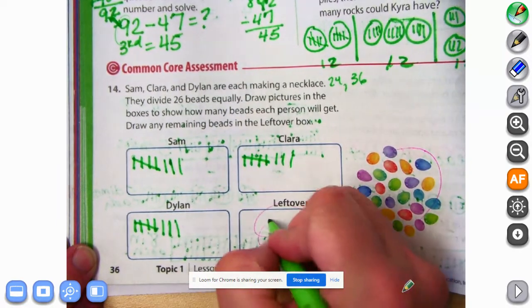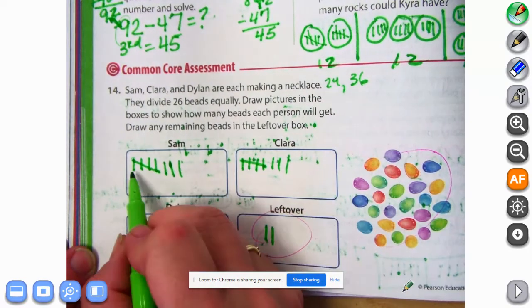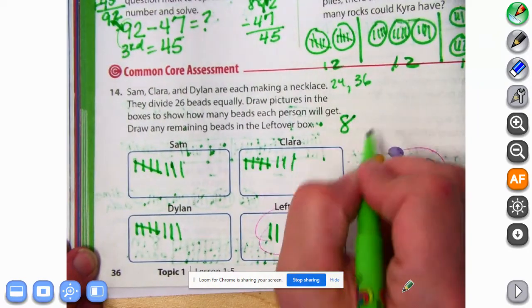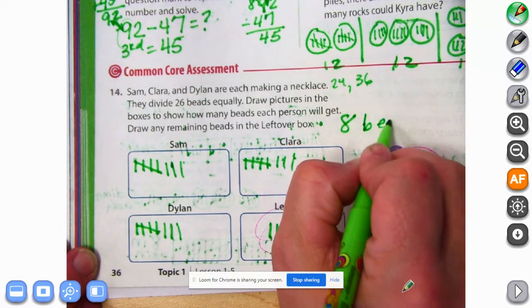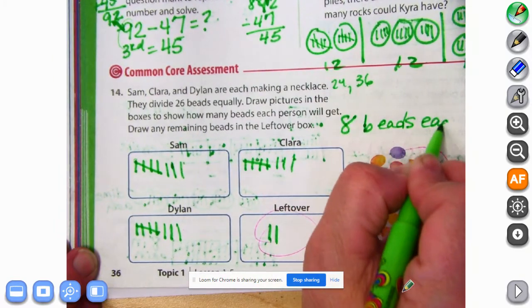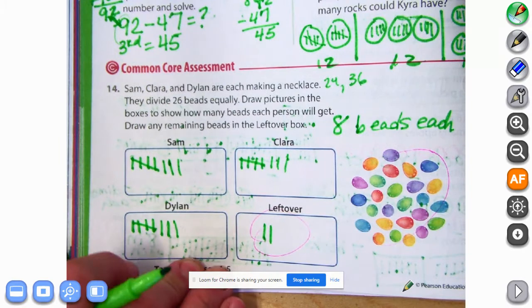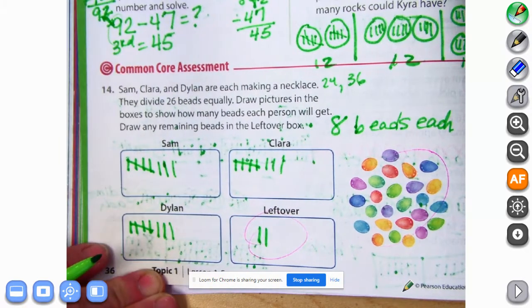Oh, that wouldn't work. So I'd have 2 left over. So each would get 8 beads each. Okay? 8 beads each with 2 left over.